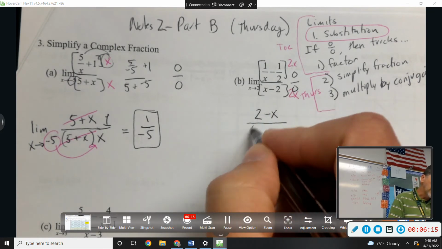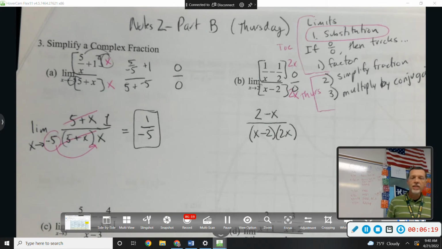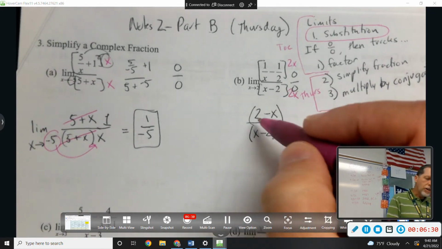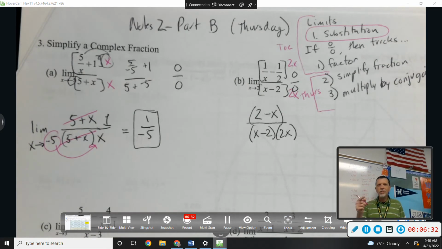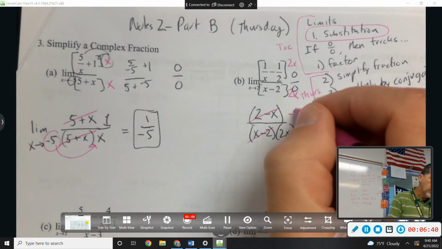And then in the bottom, I'm sensing a pattern here. I think I want to leave it. I don't want to distribute the 2x because what can we do now? Do that. Cross them out. Reduce. Yes, as long as you include one other thing. What does it reduce to? -1. Because it's a subtraction with the order reversed. So I need a -1 in there.